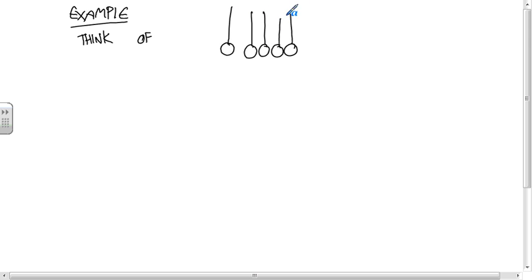I think Sharper Image might not be around anymore, so I don't know if anyone makes these anymore. But the idea is that you pull the ball on one side out, let it go. It comes in with a speed v. When it hits these, the three in the middle look like they don't move at all. They stay exactly still in the middle.